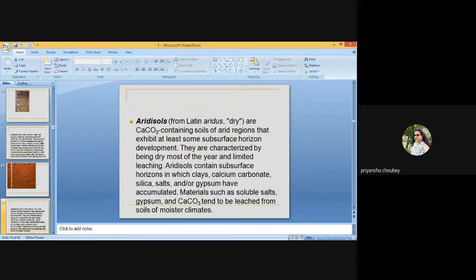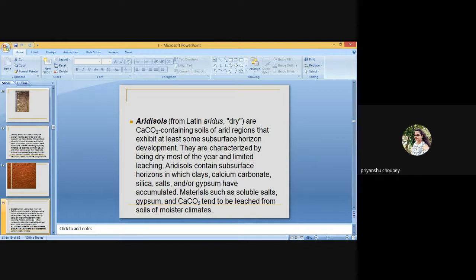Aridisols, from the Latin word aridus, meaning dry, are calcium carbonate containing soils of arid regions that exhibit at least some subsurface horizon development.